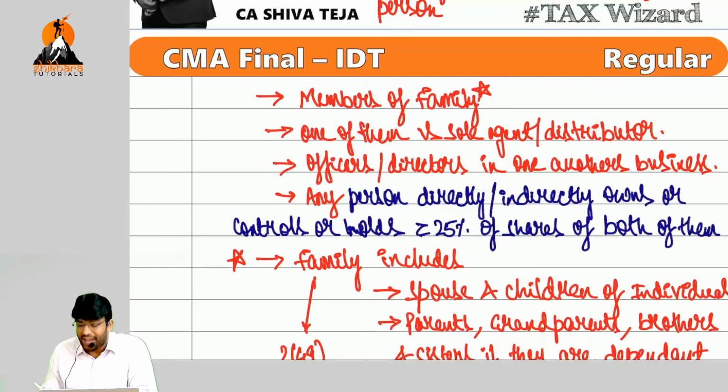That means A is having in B also, A is having in C also. A is having in B 30%, A is having in C 40%. Then we say that they are related persons.